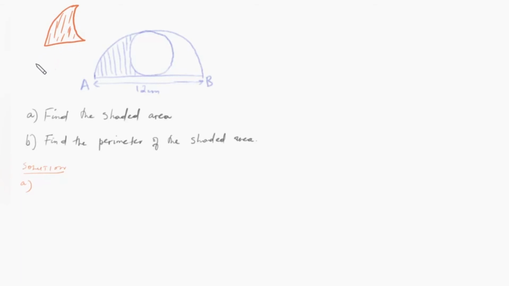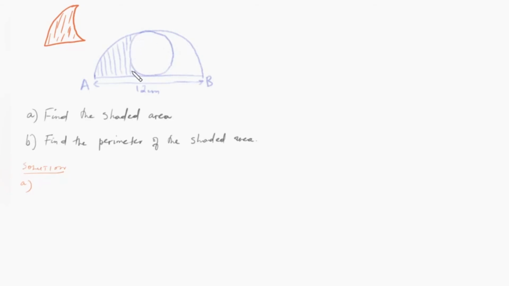Now, we need to use the regular shapes that we are given. The two regular shapes that we have are the semicircle and the circle. So we can find the area of this semicircle because there is a formula for that, and we can find the area of this circle because there is a formula for that.